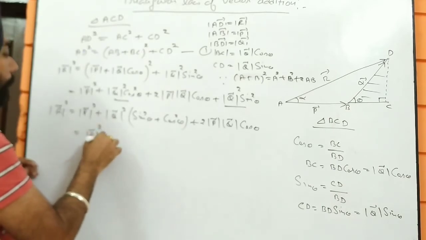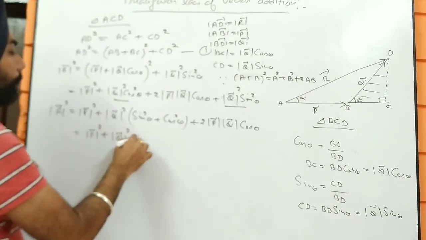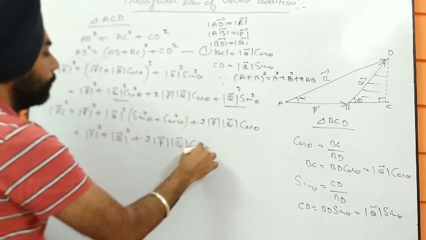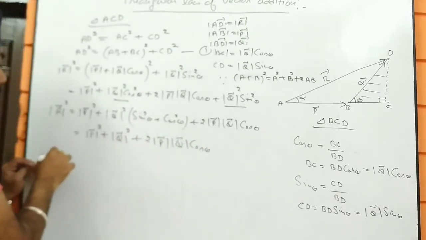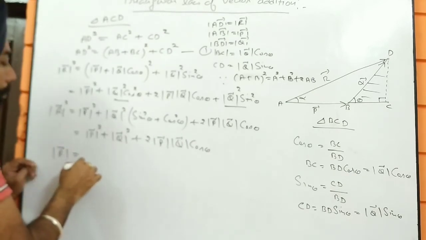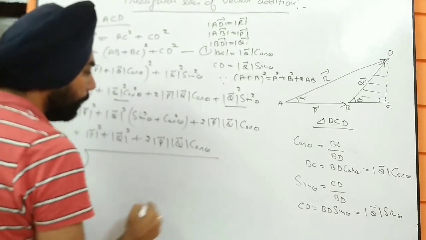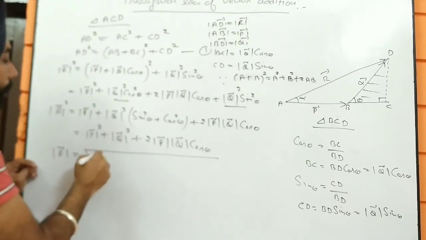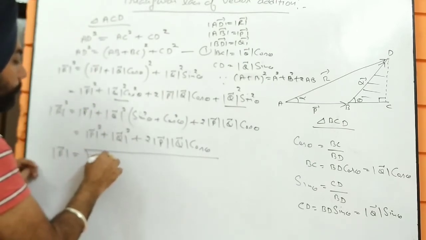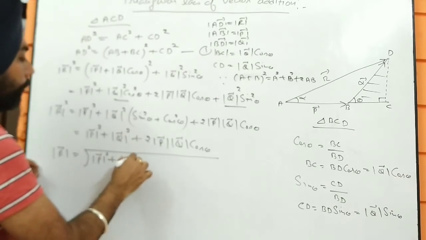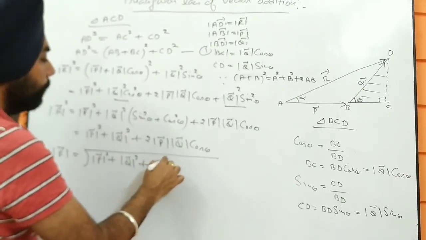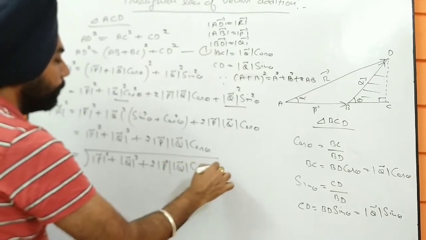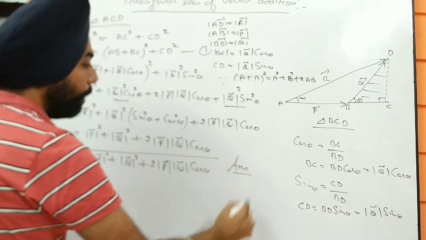So that is P square plus Q square plus 2PQ cos theta, and here our answer R, the magnitude of resultant, is going to be square root of, because here square is converted into square root on the other side. So square root of P square plus Q square plus 2PQ cos theta, that is the answer for the magnitude.